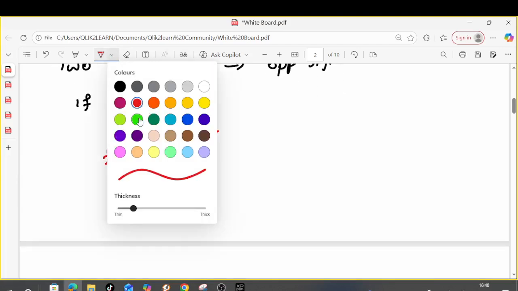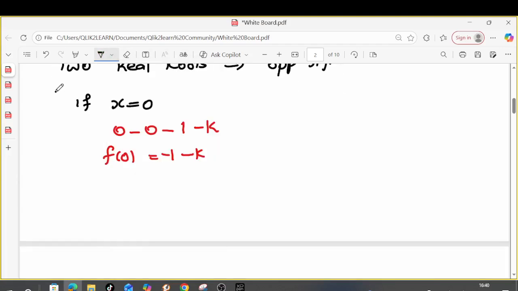So now, what happens if k is less than 0? This is what I'm going to test. If we let k be less than 0, can you see that this minus k will be positive?